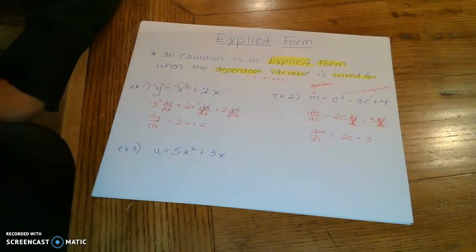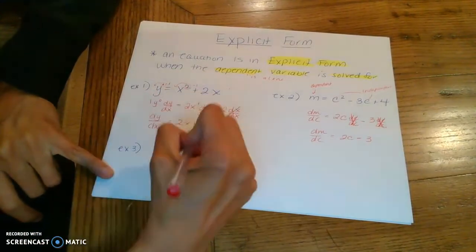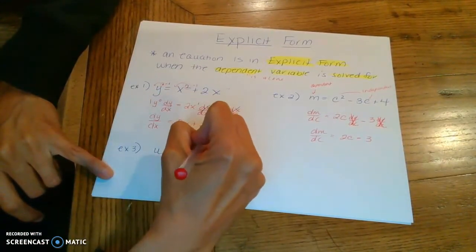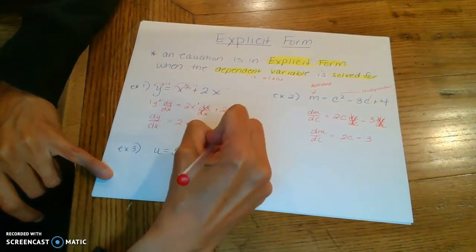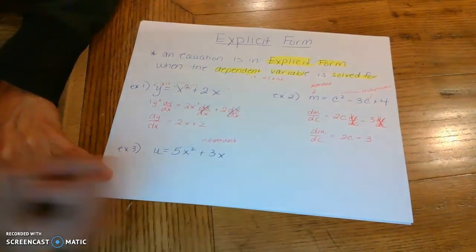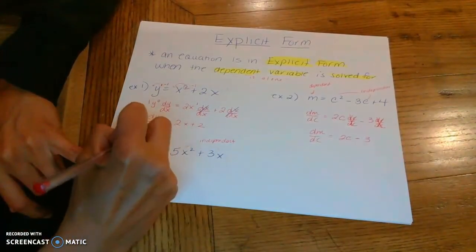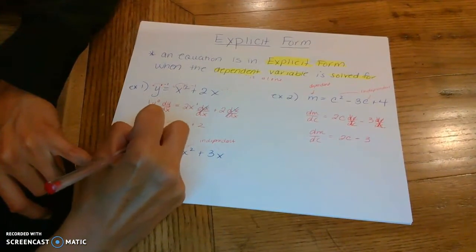of explicit form. So here, I know that my x value is once again the independent variable. And u, well, that would make u my dependent variable.